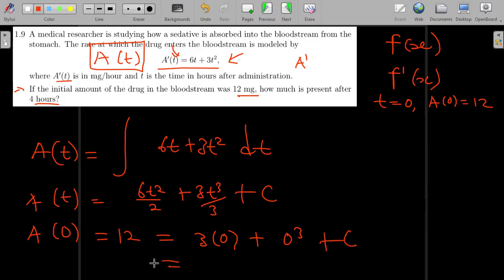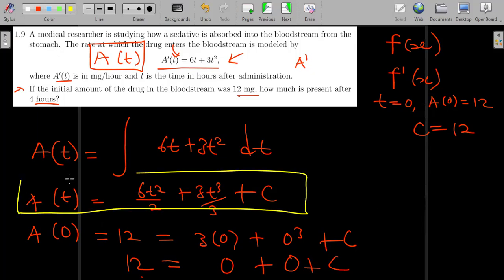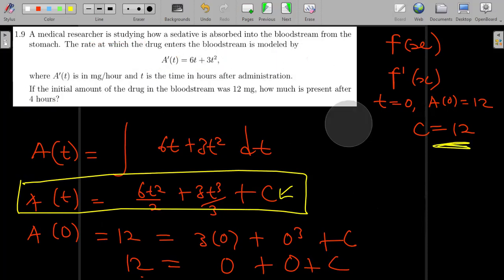So we end up with 12 is equal to 0 plus 0 plus what? C. So it means C is what? 12. So for us to find our function A of t, the value of C that we found is 12.